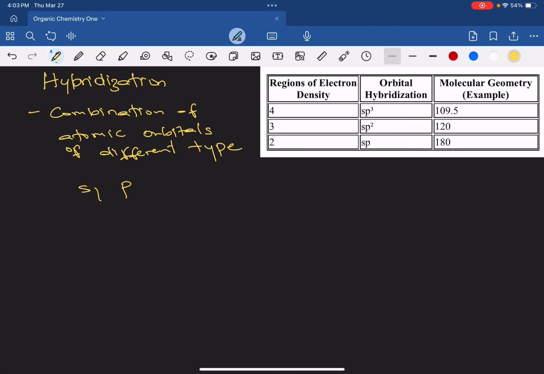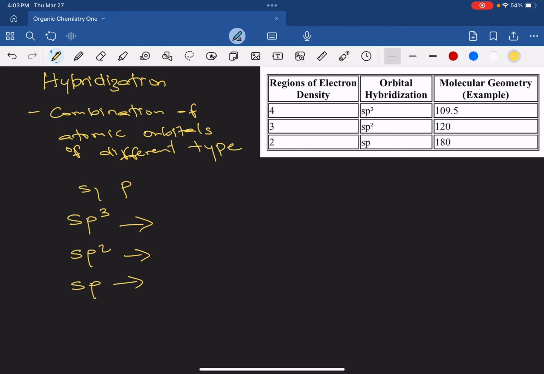Now, the hybridizations that you will come into contact with at your level are the combination of 1 s orbital and 3 p orbitals for our sp3 hybridization, sp2 hybridization, and sp hybridization. These are the ones that you will come in contact with.